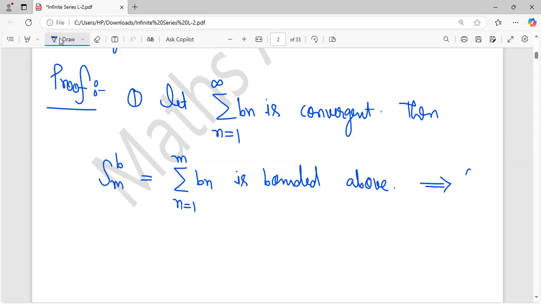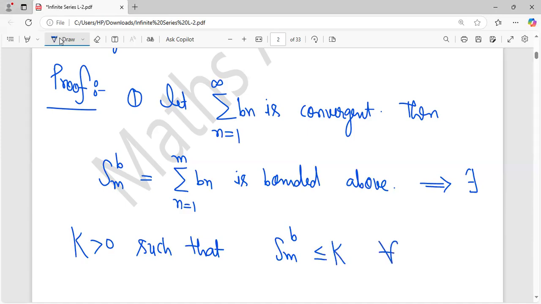This implies there exists k greater than 0 such that S_m^B is less than or equal to k for all m belongs to N. It means partial sum of this series is bounded above. Okay, this is a partial sum.